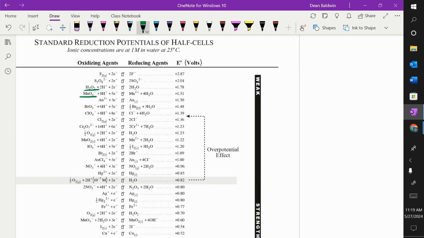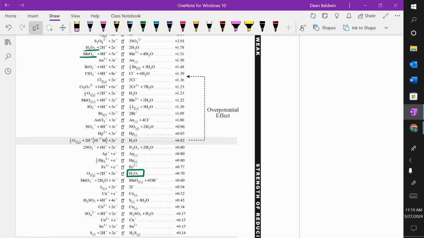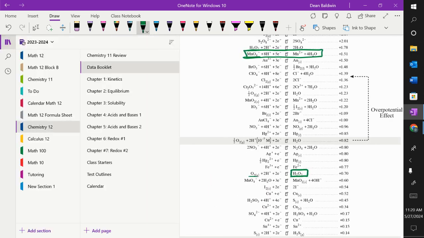So what we have to do is look for something on this side over here, either MnO4 or H2O2, that is lower than either one of those. And as you move down, you find that we have hydrogen peroxide here. So the actual reaction is going to be this MnO4 reduced to Mn2+, and the hydrogen peroxide is oxidized to oxygen.